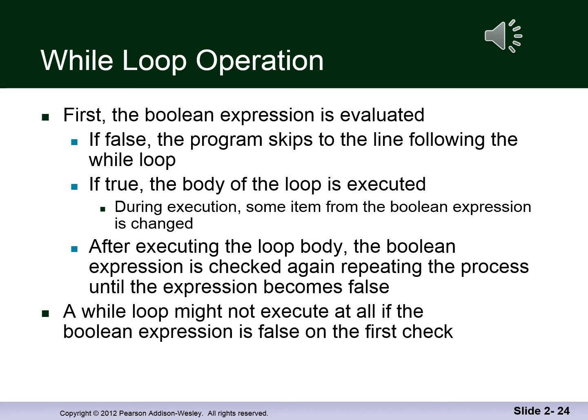If it's true, the body of the loop is executed, and during execution, some item from the Boolean expression must be changed. That was the decrementer, changing the count to count minus 1, lowering the count by 1, because something has to change in the body in order for the loop to eventually end. After executing the loop body, the Boolean expression is checked again, repeating the process until the expression becomes false.